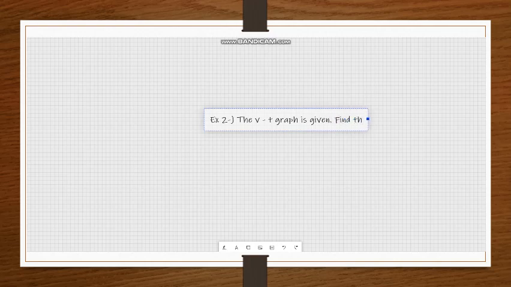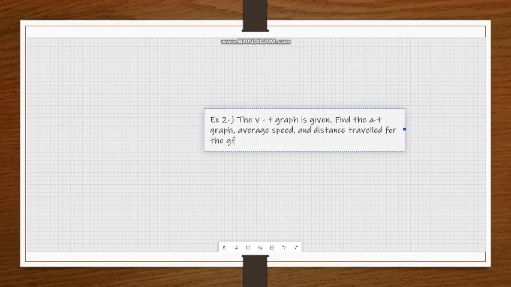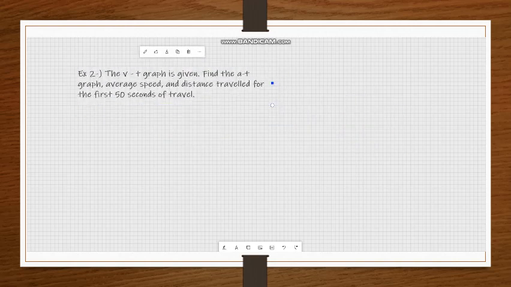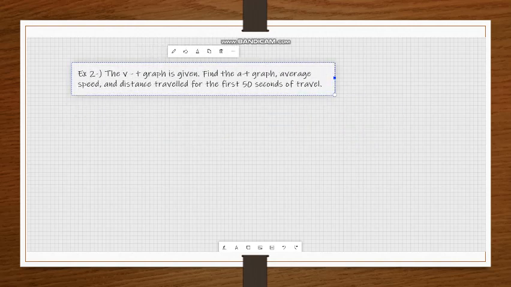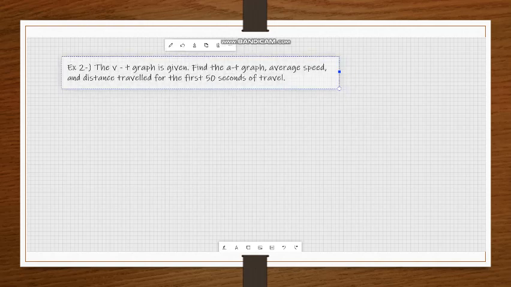Find the acceleration-time graph, the average speed, and the distance traveled for the first 50 seconds of travel. So we are going to find the acceleration-time graph, then the average speed and distance traveled in 50 seconds.